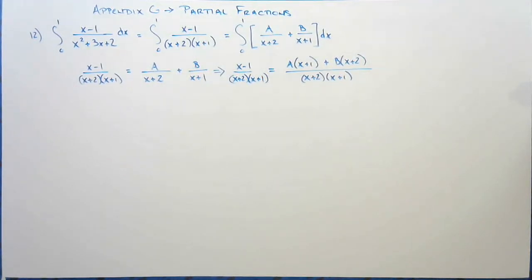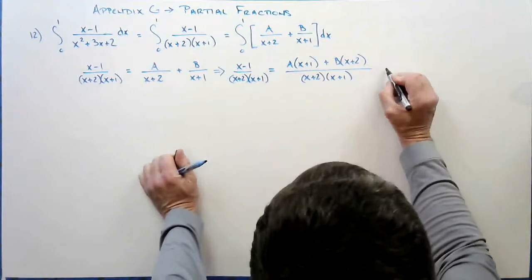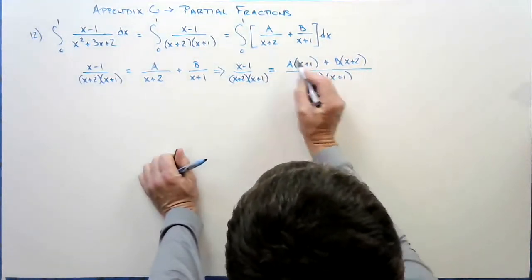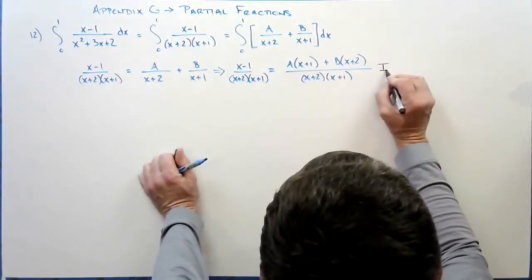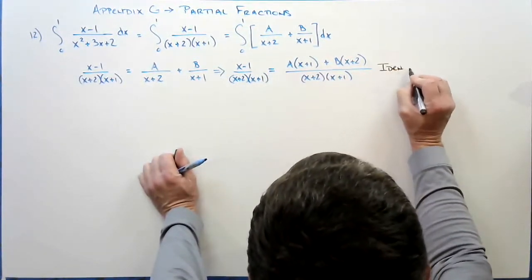Now, in mathematics, we call this an identity. We say this statement right here is an identity.